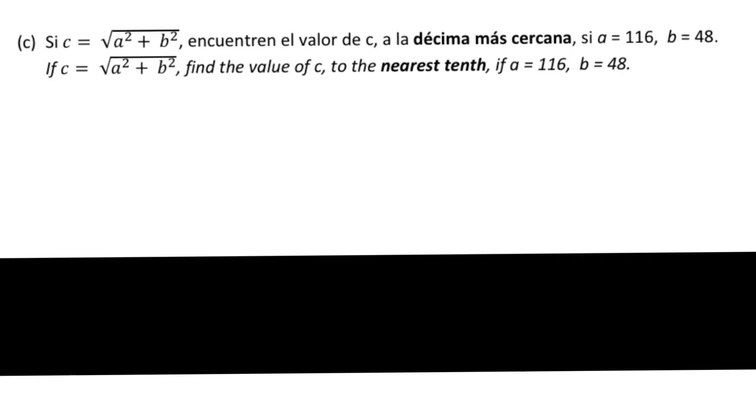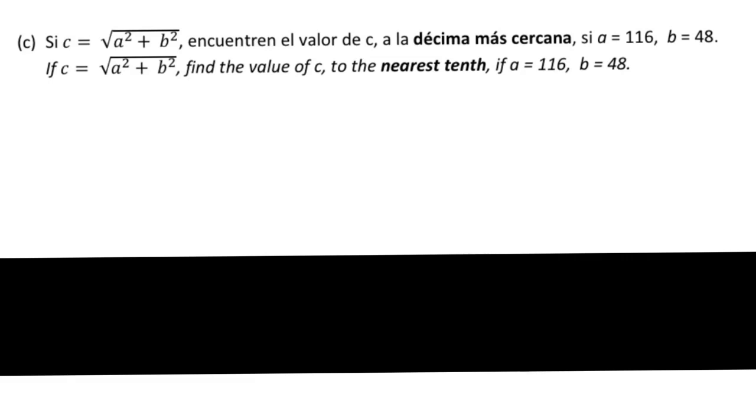So find the number for C that we're going to get after we substitute. To the nearest tenth. Finally, they tell us what to do. Nearest tenth, that's what we just did. We rounded. If A equals 116 and B equals 48.